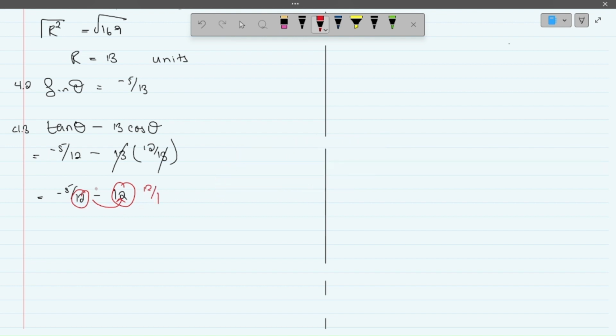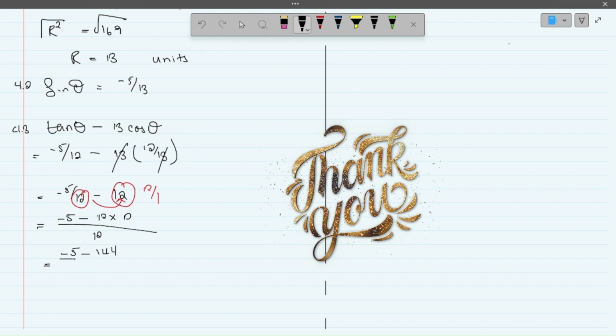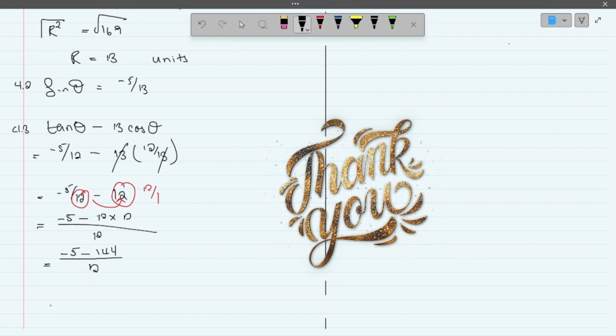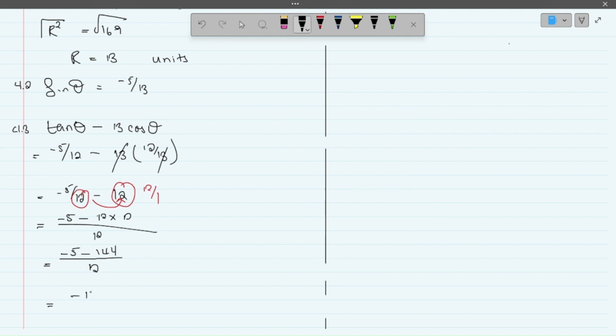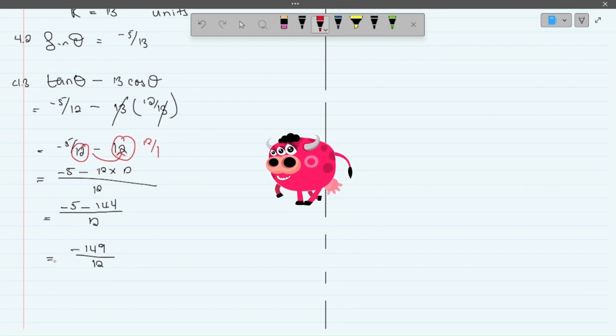So it's going to be minus 5 minus 12 times 12 over 12, which is minus 5 minus 144 over 12, which is minus 149 over 12. So this is our answer.